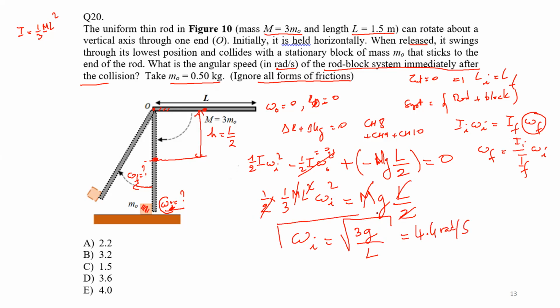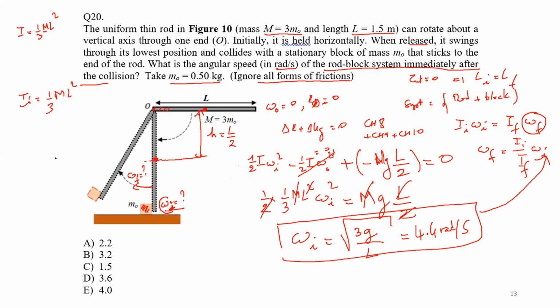Now I know omega initial, so I will come here and plug it in. Now I need to know what is I initial and I final. Well, I initial is known. I initial is just 1/3 of ML square, the moment of inertia of the rod.